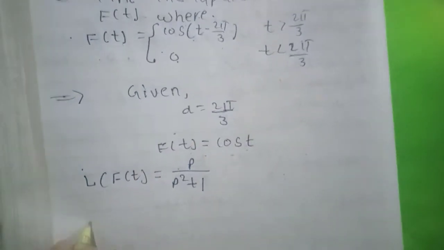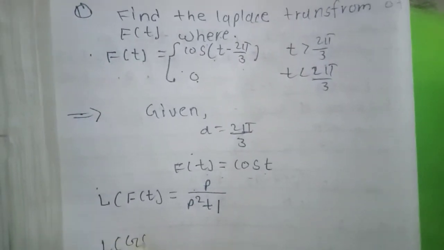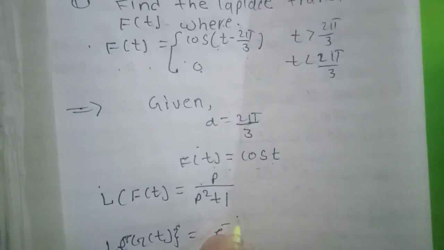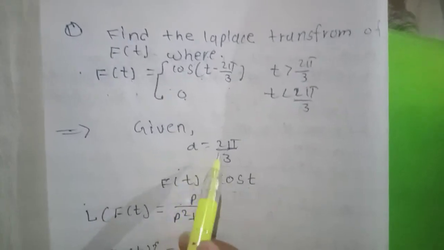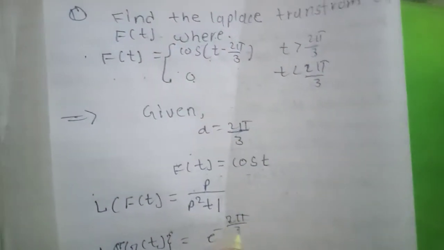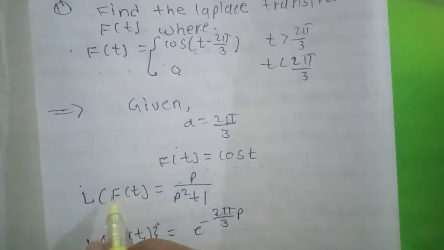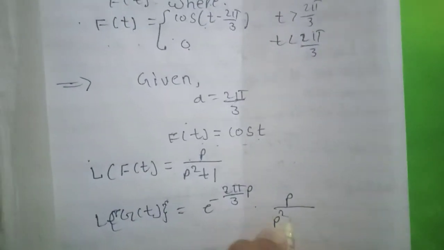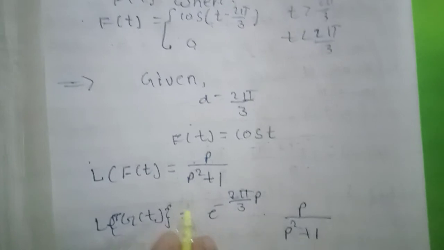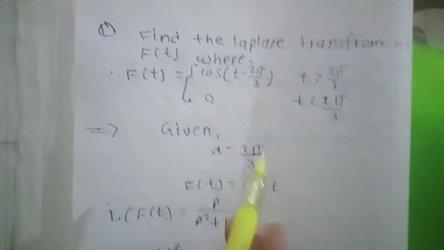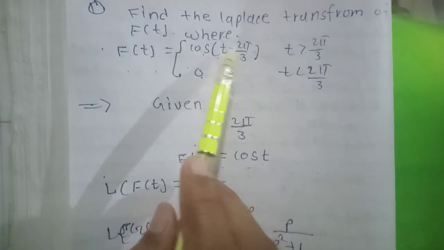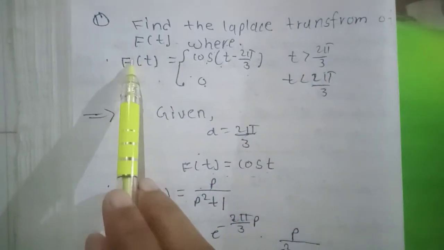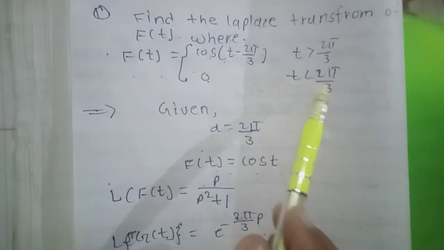Then we know the theorem. Laplace transform of g of t is equal to e raised to minus s a, where a is 2 pi by 3, into f of s. The Laplace transform of cos t is p divided by p square plus 1. So these are the values: g of t is equal to cos of t minus 2 pi by 3 when t is greater than 2 pi by 3, and g of t is equal to 0 when t is less than 2 pi by 3.